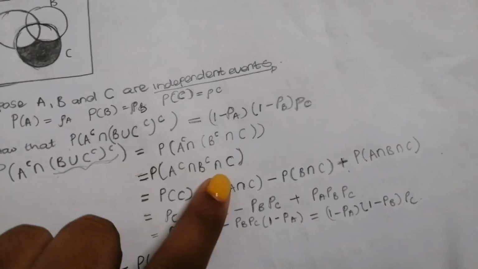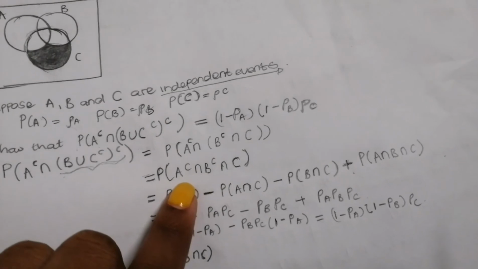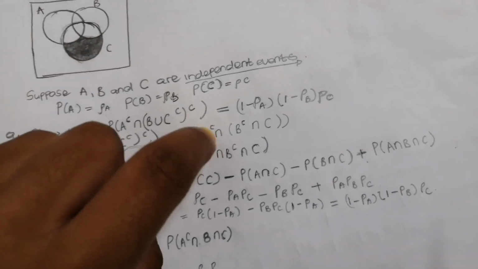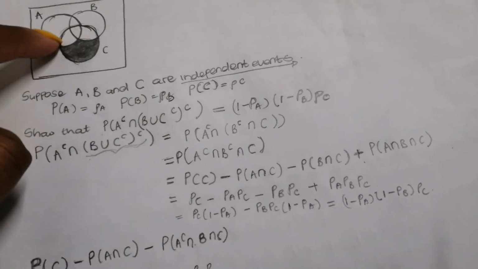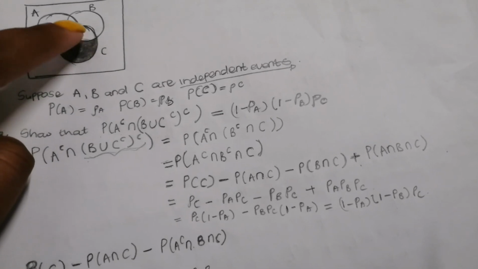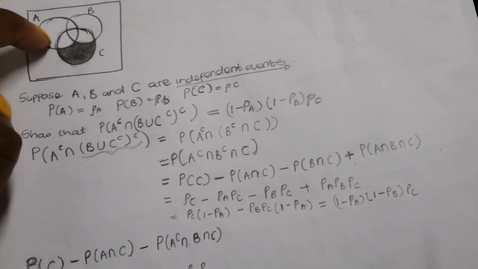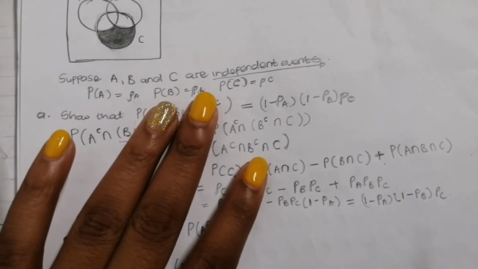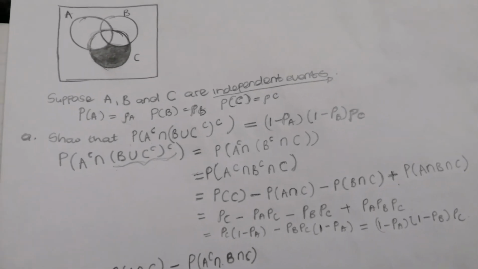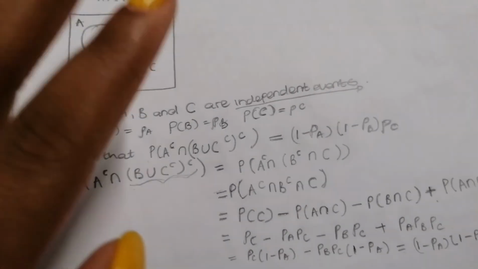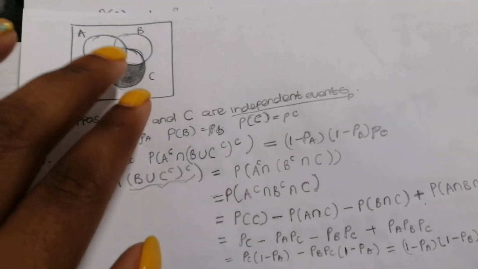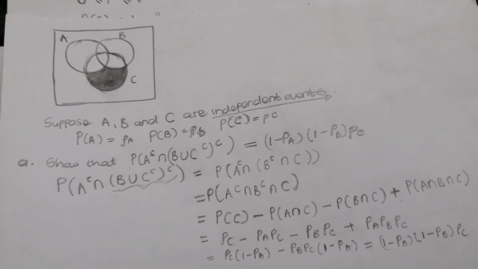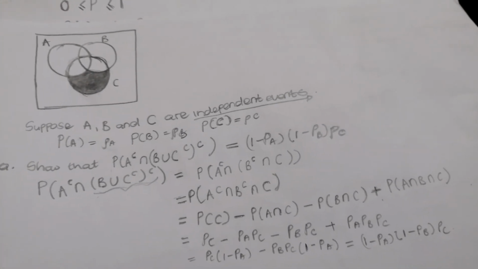So now you have this, right? You can see that it is the probability of A complement intersect B complement intersect C. So you are able to describe the notations of the shaded part now after doing the set theory video, right?